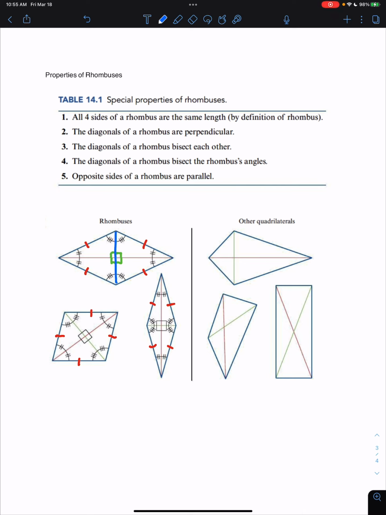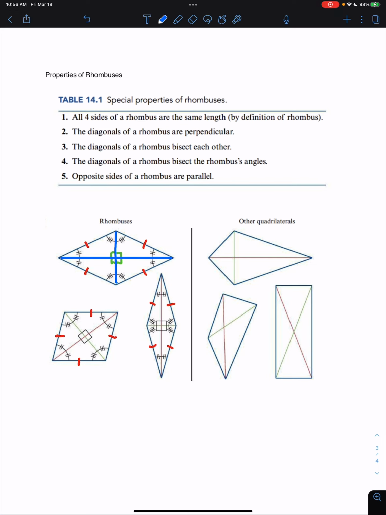Fourth, the diagonals of a rhombus bisect the rhombus's angles. And here's where our angle bisectors come in, right? So when we constructed our angle bisector, we were actually constructing a rhombus again.